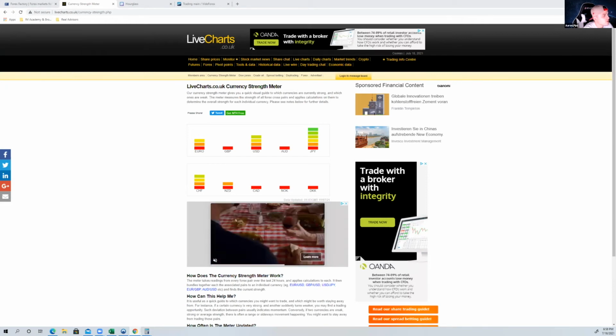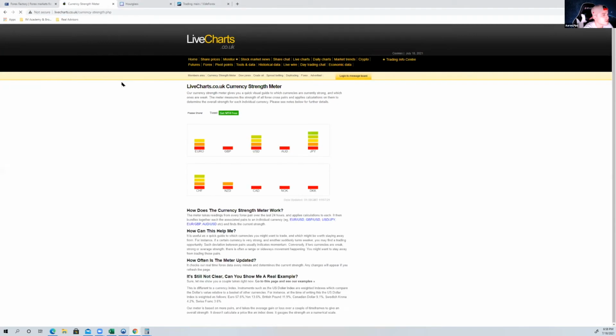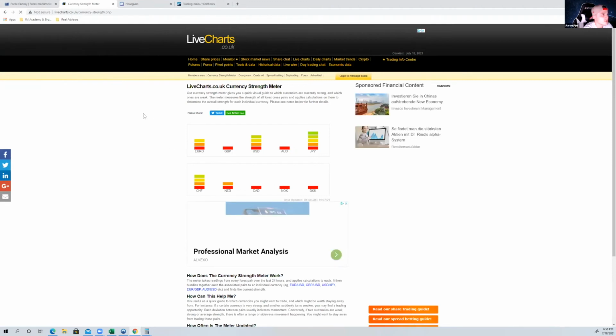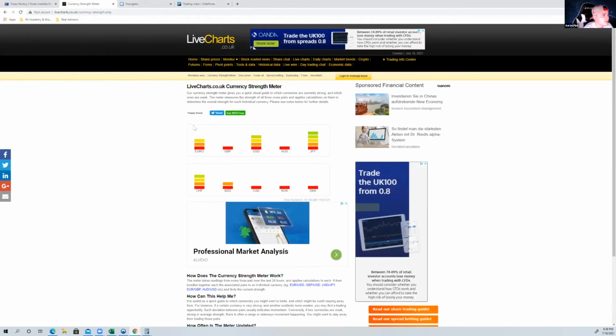This is another tool that we use. Sometimes on cash trap the markets flip a lot and the currency strength on cash trap may not be correct. So what we use is this live charts code to double confirm everything, because the live charts code is the only platform that does continuous data updates. So they do literally update every second.